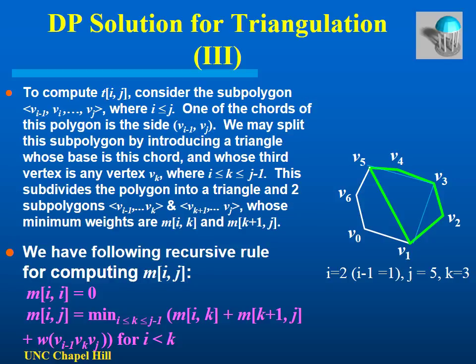The result is that the total perimeter m sub i,j for any given k is m sub i,k, the total weight of the polygon that goes from vertex i minus 1 to vertex k, plus another one, which is m sub k plus 1,j, the total weight of the triangulations making up the polygon that goes from vertex k to vertex j, plus the perimeter of the triangle we introduced, W of v sub i minus 1, v sub k, v sub j.